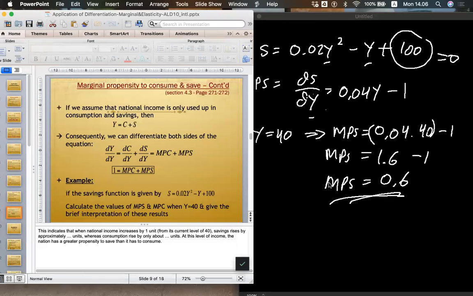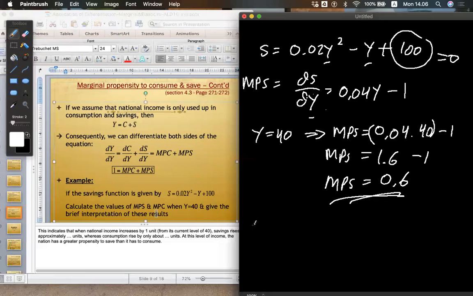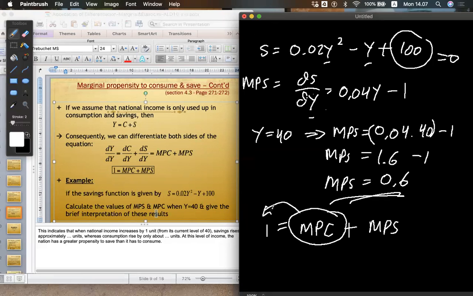After we have MPS, it is very easy to find the MPC. 1 equals MPC plus MPS. If we need to find MPC, we can easily move MPS to the other side.